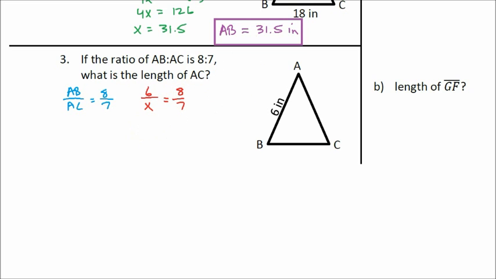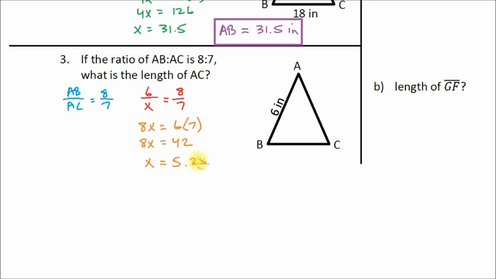Let's cross multiply. X times 8 is 8x equals 6 times 7. That means 8x equals 42. Divide both sides by 8, and you're going to end up with x is equal to 5.25.